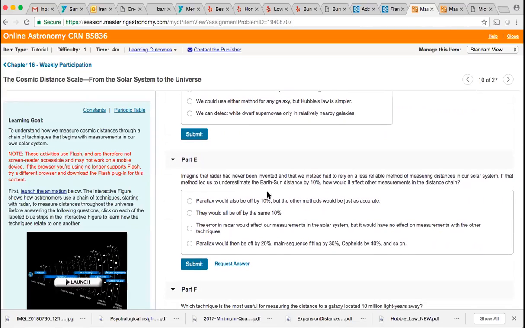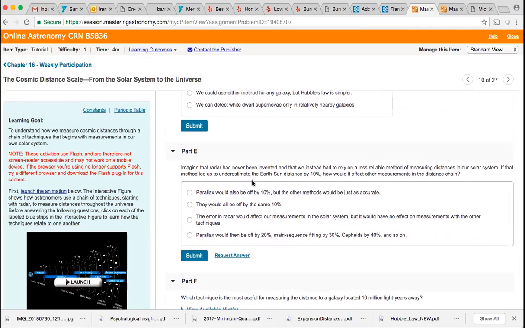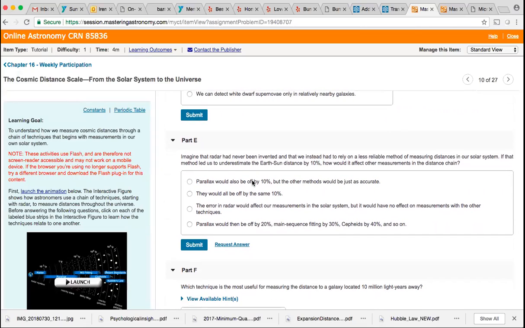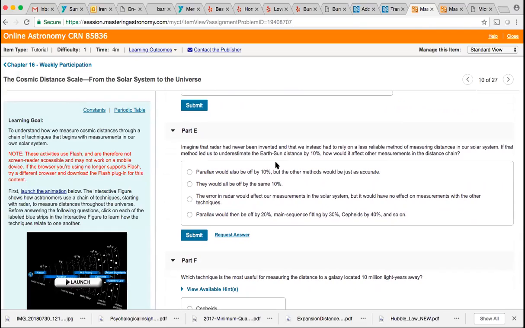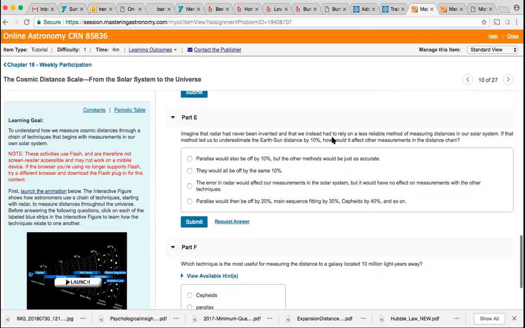Is this the one? Imagine that the radar had never been invented. And I know the correct answer is they all would go off by the same 10%. Let me read this. Imagine the radar had never been invented, and we instead had to rely on less reliable methods of measuring distance in our solar system. If that method led us to underestimate the distance from the Earth to the sun by 10%, how would it affect other measurements in the distance chain? So the other ones are which one?